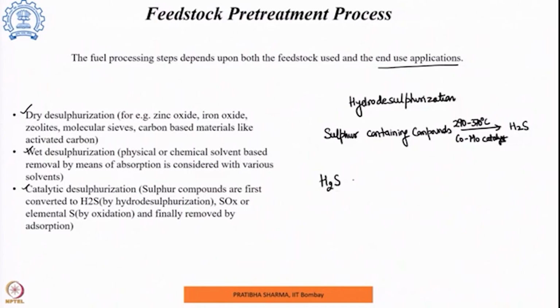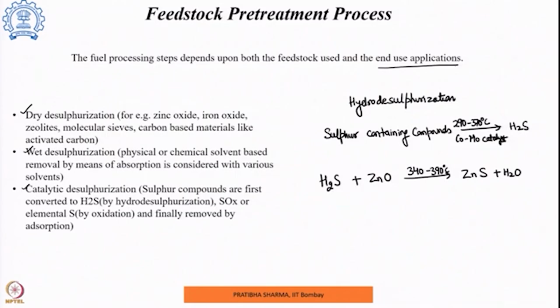This H2S in a zinc oxide bed is converted into zinc sulphide at a temperature of 340 to 390 degrees centigrade, removing the sulfur containing compounds.